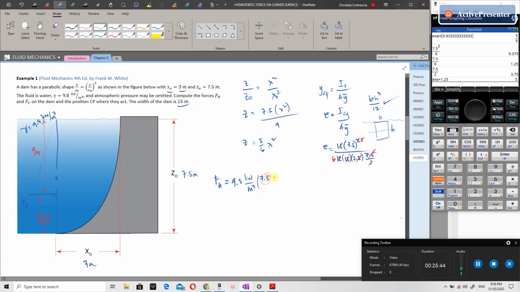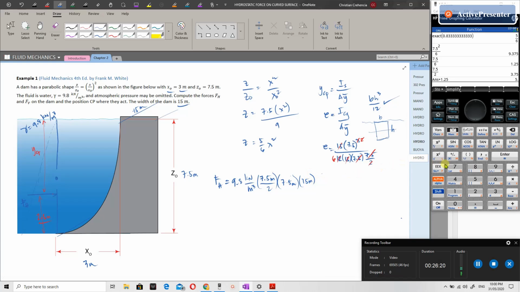I'll write it for clarity. Then our area is the height, 7.5 meters, times the width perpendicular to the screen, 15 meters. So unit weight, H bar, area 7.5 by 15 meters. Okay, let's solve.